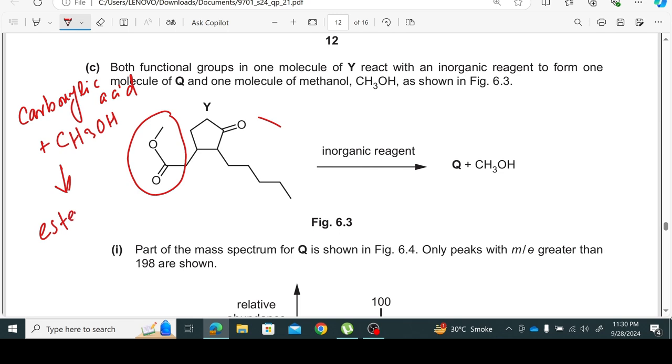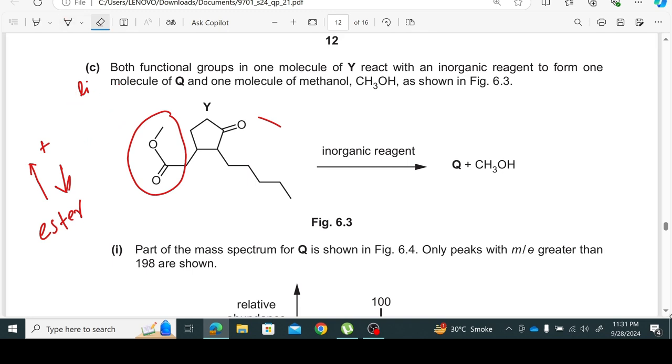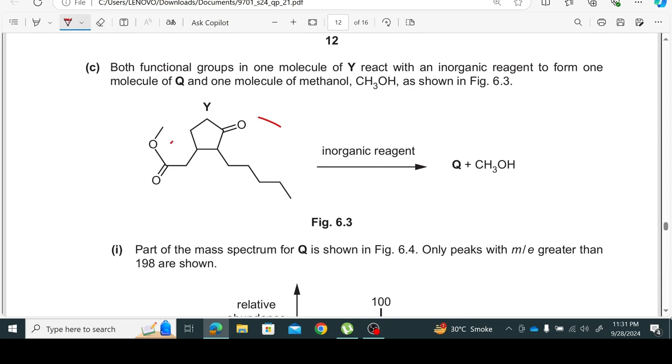Okay, so the opposite of this reaction, when you are breaking an ester into its carboxylic acid and alcohol, is known as hydrolysis. It means you are breaking an ester into its basic components. In your question, one of the components is mentioned, and that component is methanol. So suppose I break this ester from here, this area is CH3.